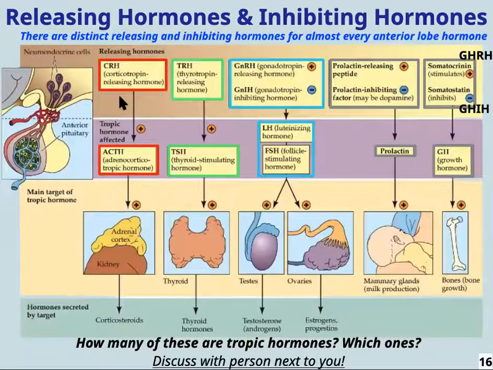Thyrotropin releasing hormone, TRH, causes the release of thyrotropin, meaning TSH. So these, as well as GnRH, are all examples of releasing hormones secreted by the hypothalamus that induce and trigger the release of these corresponding hormones from the anterior pituitary.